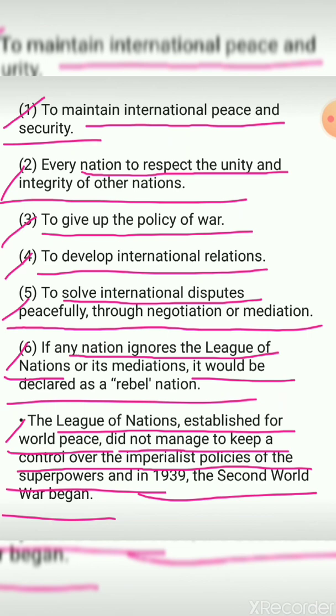Everything you write, whether a 2 mark answer, 3 mark answer, or a detailed answer, needs to be written point wise, because it is very beneficial for you and it would be easy for you to read it out.